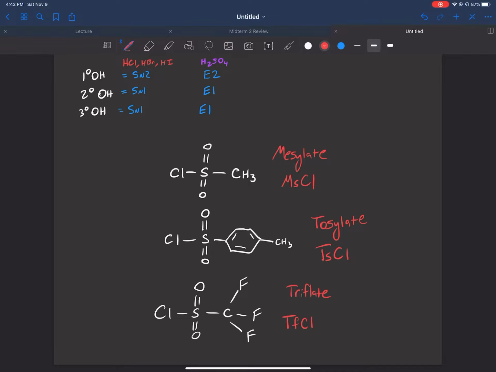Well, remember the whole point of using an acid on an alcohol is that we can turn them into good leaving groups, and then we can use them in other reactions, in substitution and elimination. So this is going to be for the same purpose. We can turn them into good leaving groups. All right, and let me show you guys how this works. Let me erase this.